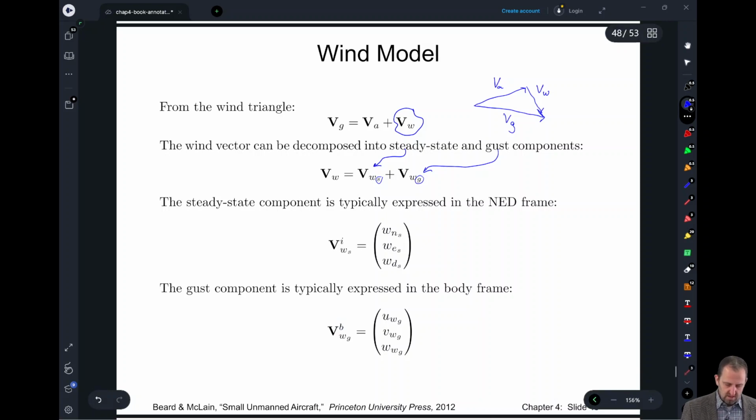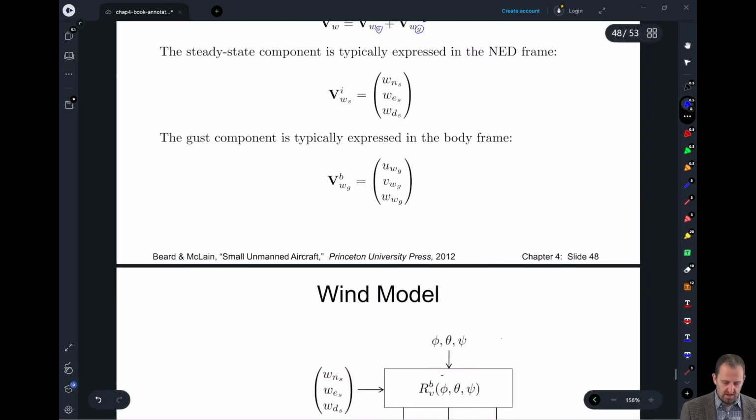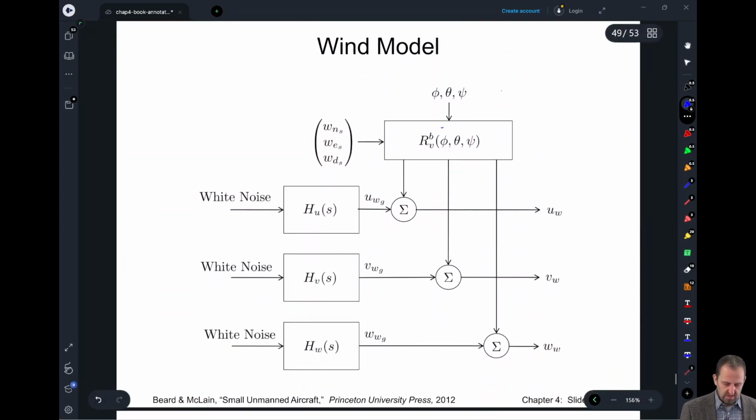Now, the high level model of how we're going to generate this model of the wind is that we're going to take our v sub ws, and again that's defined in the inertial frame. We're going to transform it into the body frame. And now recall that this transform goes from the vehicle frame to the body frame.